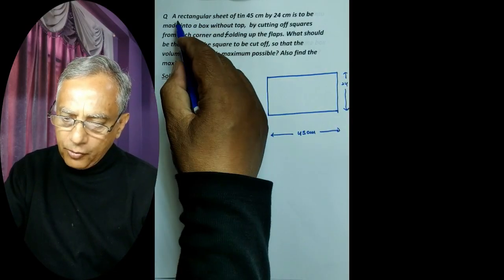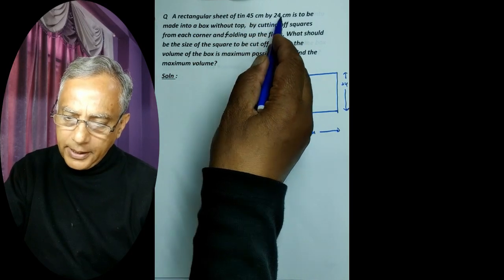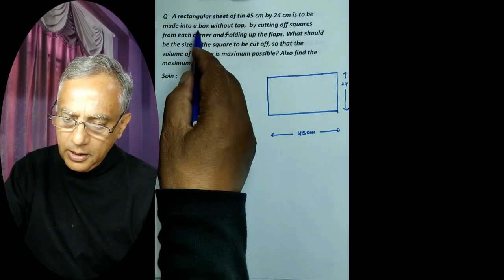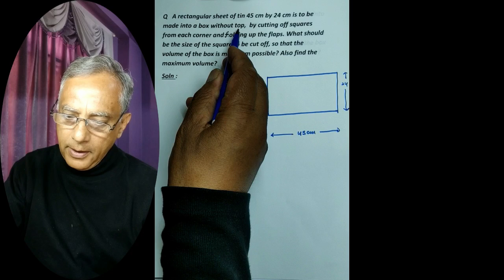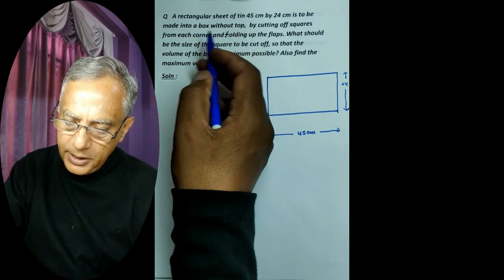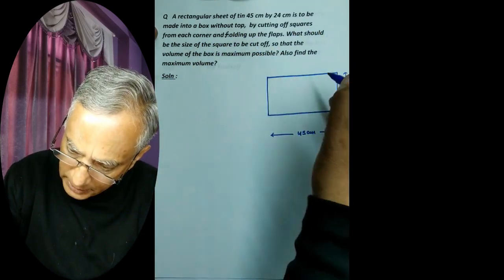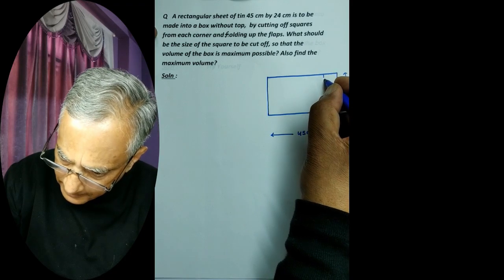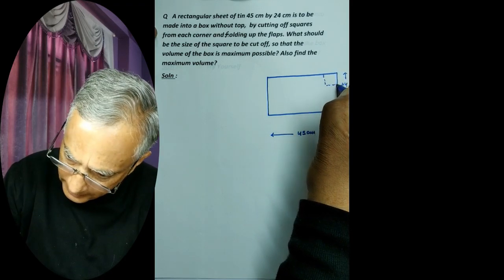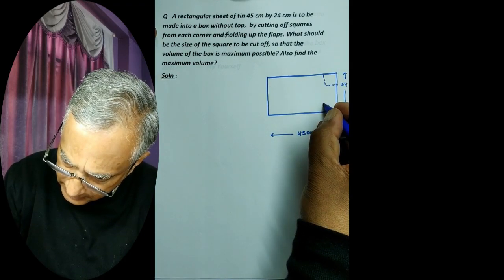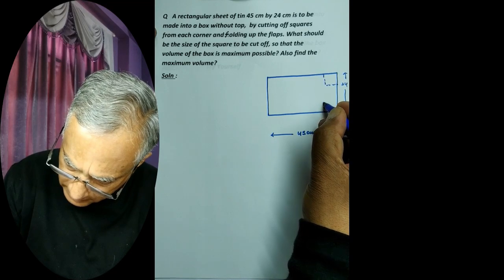A rectangular sheet of tin 45 centimeter by 24 centimeter is to be made into a box without top by cutting off squares from each corner. We have to cut squares from each corner. Let this be the square that is being cut off.